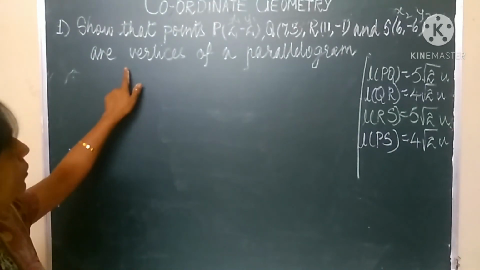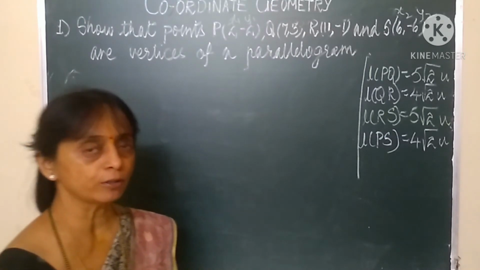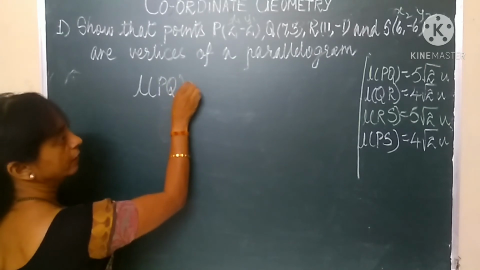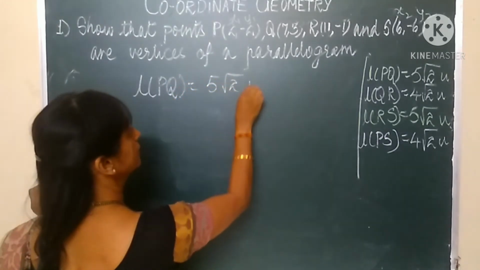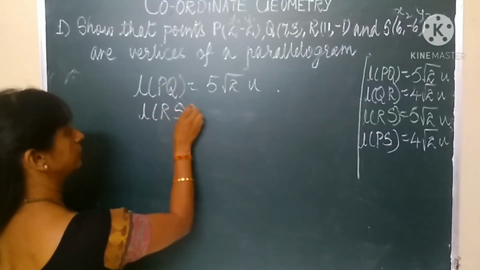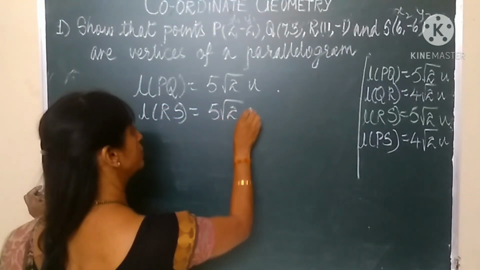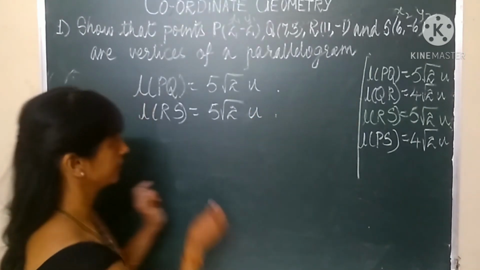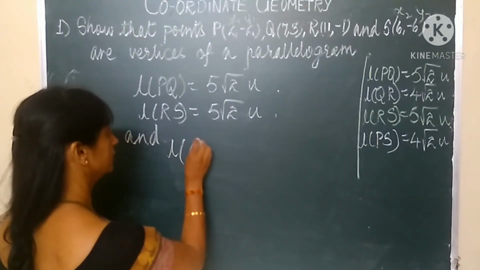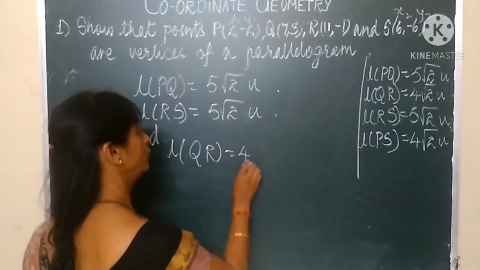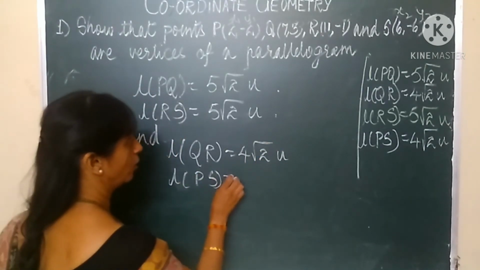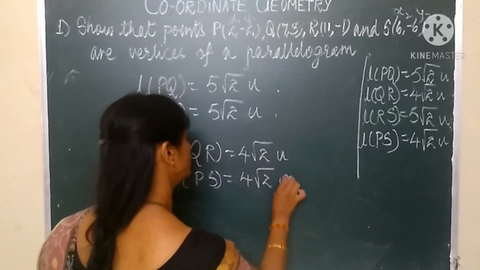Now what is left? How do we decide if they are the vertices of a parallelogram? Let's check into the answers. Length PQ is equal to 5 root 2 units, as well as length RS is equal to 5 root 2 units, and length QR is equal to 4 root 2 units, with length PS also equal to 4 root 2 units.